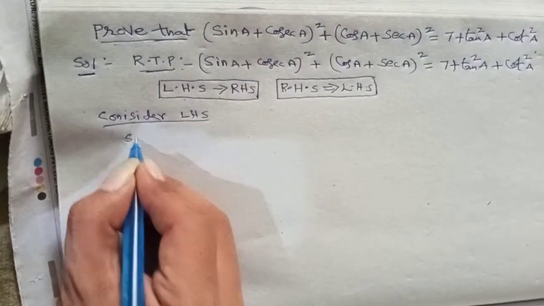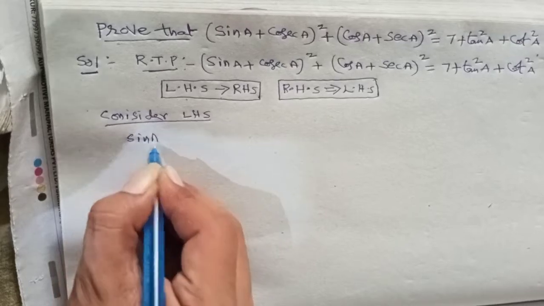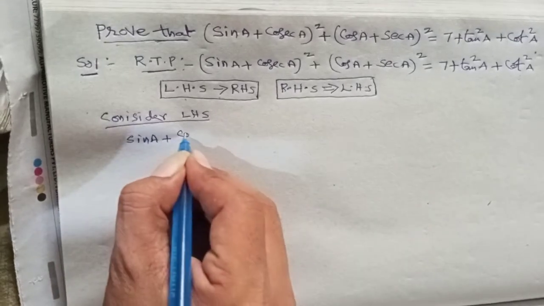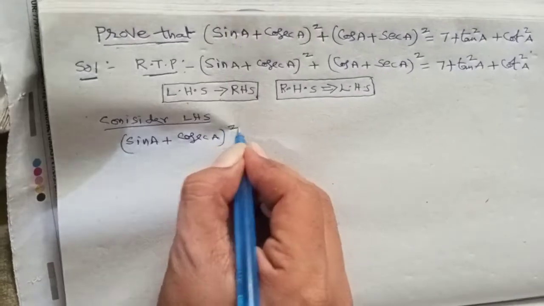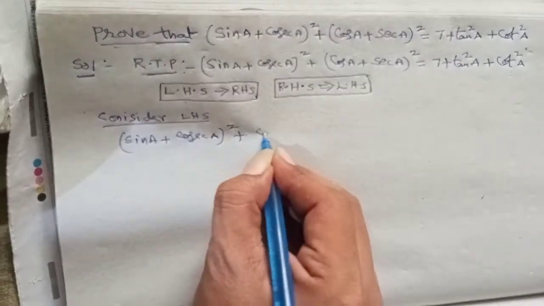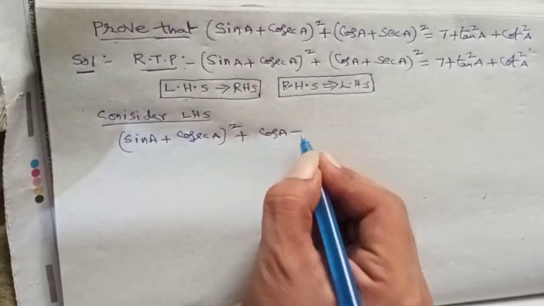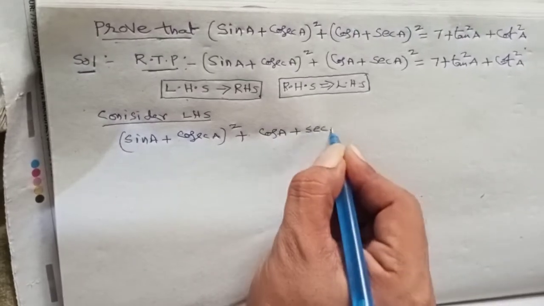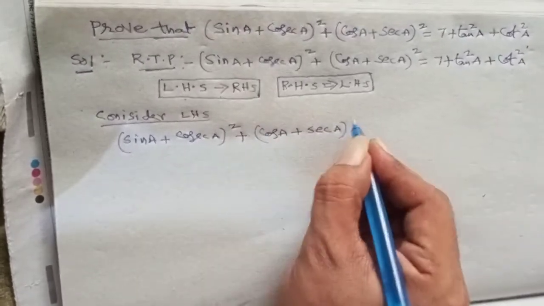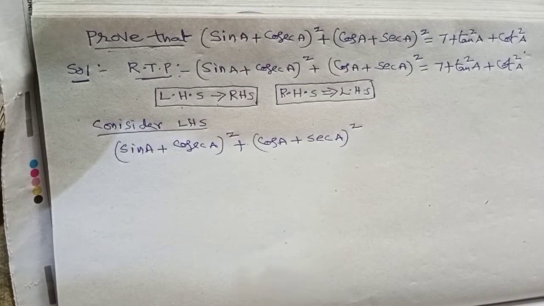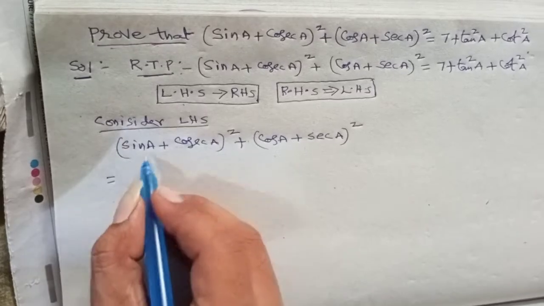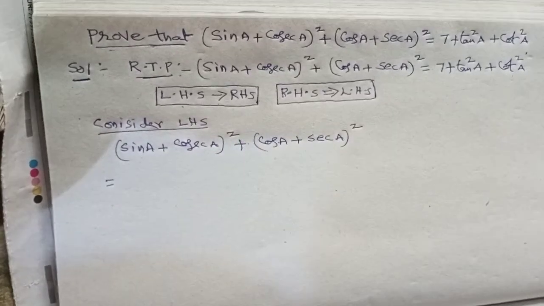Here, what is LHS? LHS is nothing but (sin A + cosec A)² + (cos A + sec A)². Okay, this is our LHS. Now, you have to observe here (sin A + cosec A)².